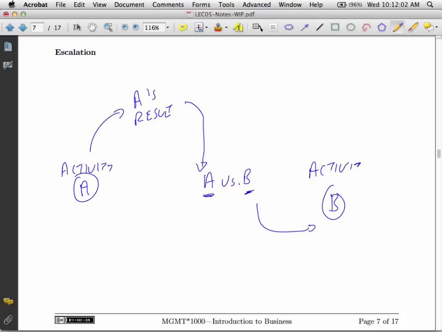We have activity by party B that results in their results.